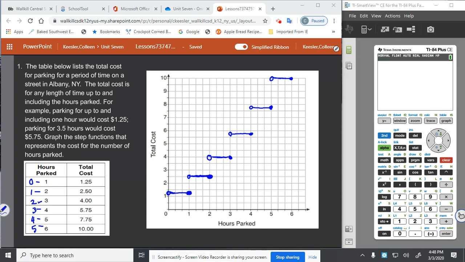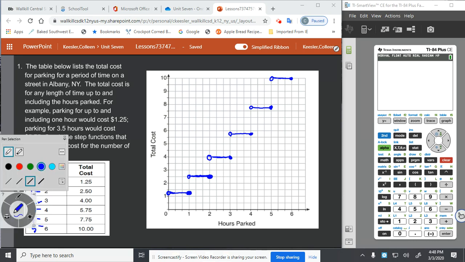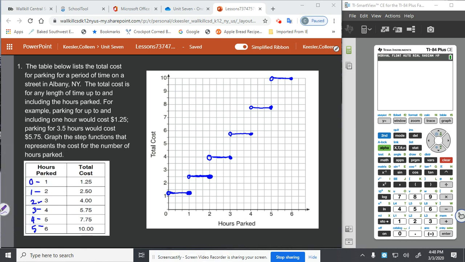So we could also now talk about how this is increasing each time. You would notice that from the 1 to 2 hour mark, it went up $1.25. Then from the 2 to 3 hour mark, it went up $1.50.